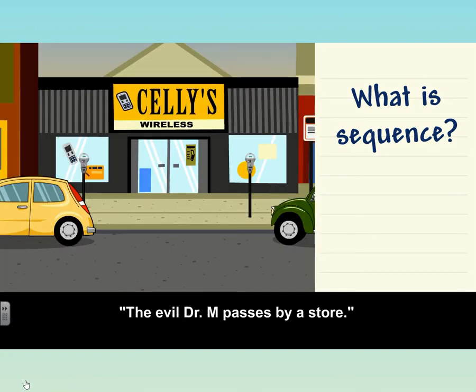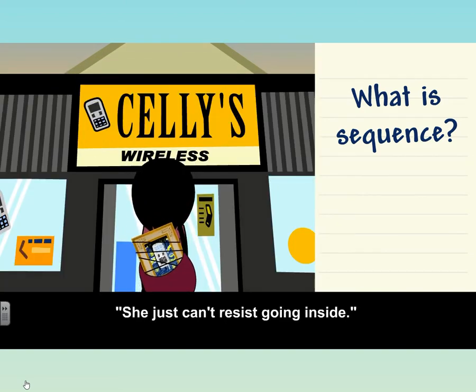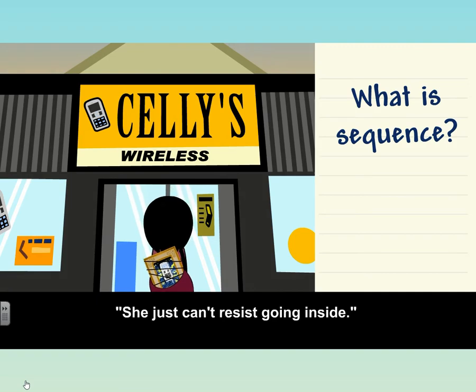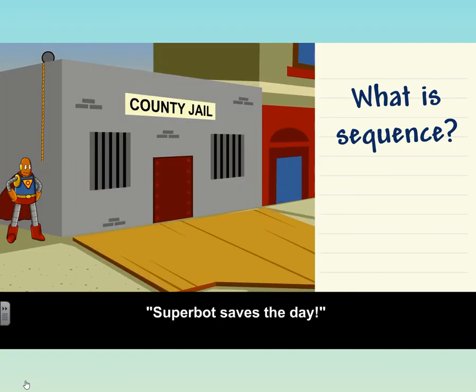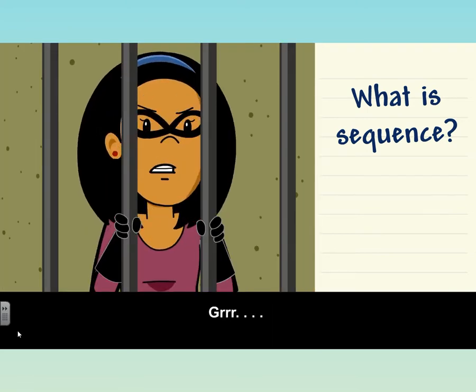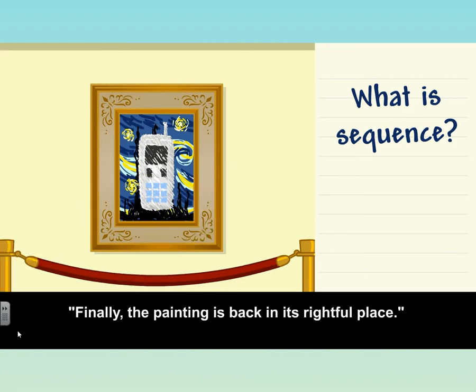The evil Dr. M passes by a store. She just can't resist going inside. But it's a trap. Superbot saves the day. Finally, the painting is back in its rightful place.